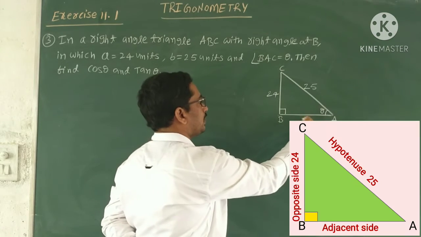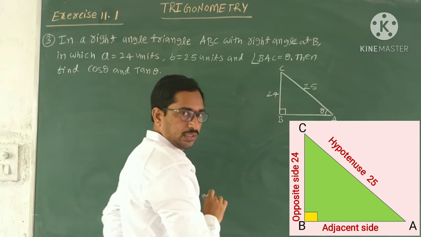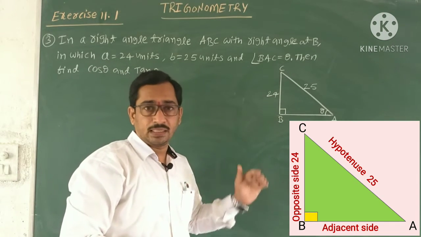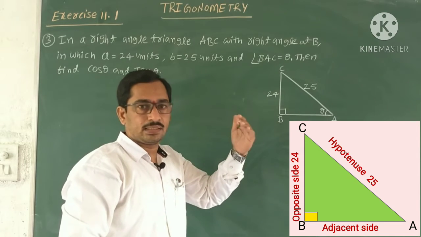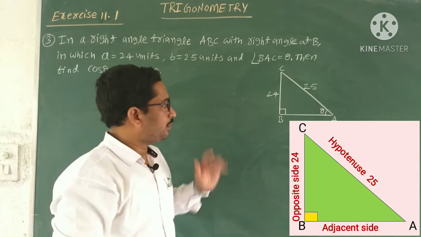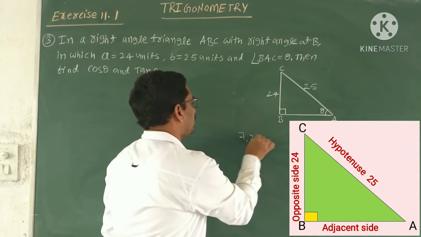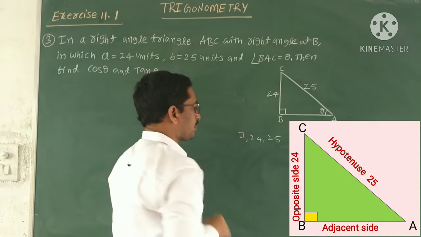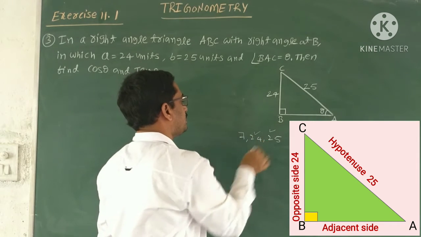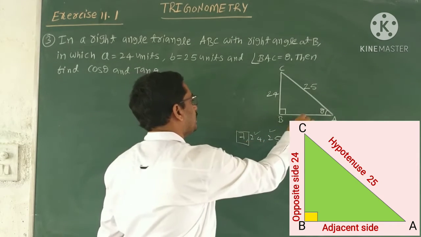So we have to find out the length of AB. And we can easily find out the length of AB by using Pythagoras triplets. We already completed the discussion about the Pythagoras triplets in the introduction of trigonometry. 7, 24, 25 are Pythagoras triplets. 24, 25 is given. The missing number is 7. And here it is 7.